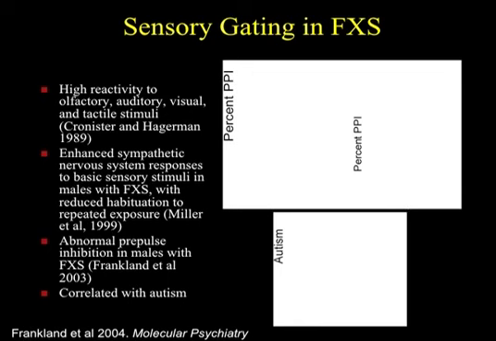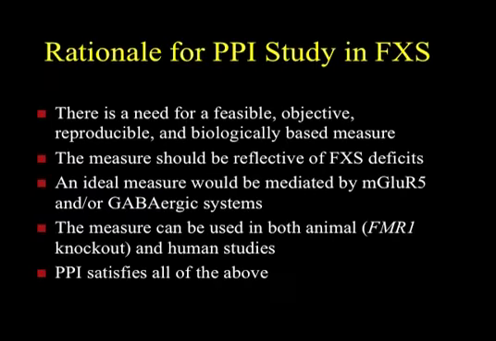And we initiated a prepulse inhibition study in Fragile X. Prepulse inhibition is just one way that you can measure sensory motor gating. We felt that there was a real need, because of clinical trials that were being developed, to find feasible, objective and reproducible measures that could be used to track treatment response.